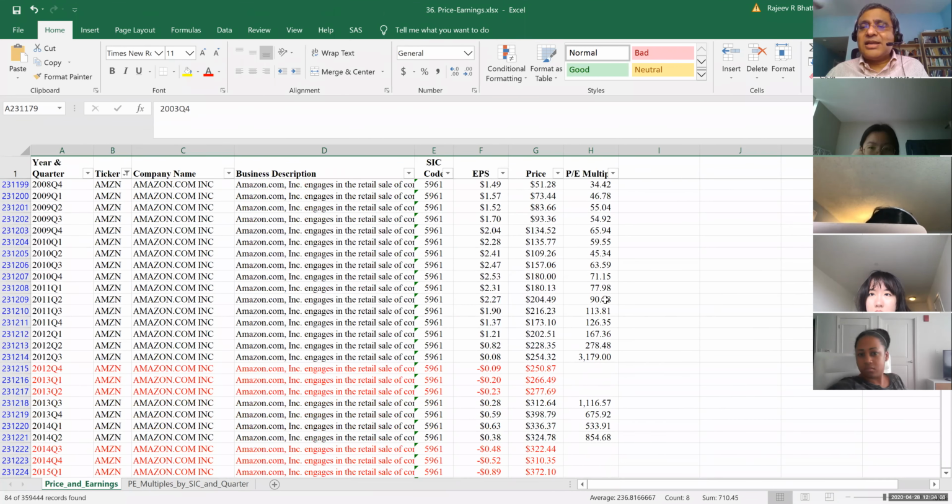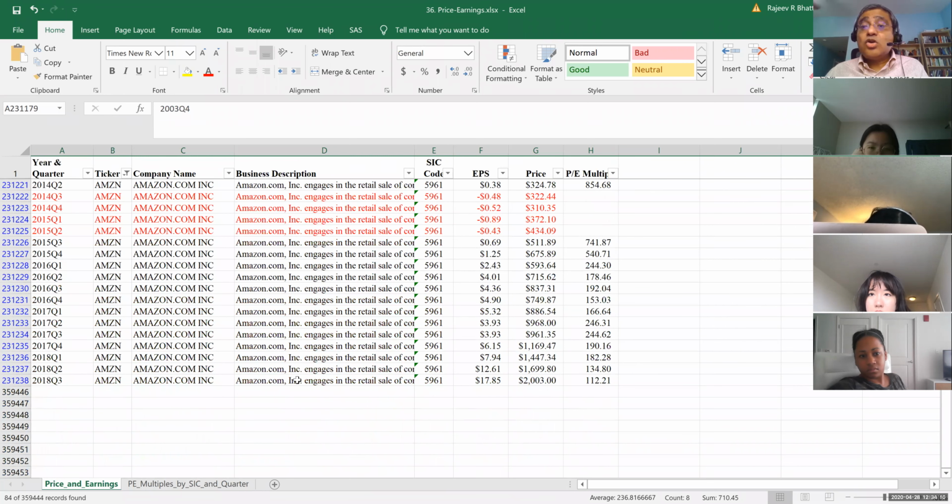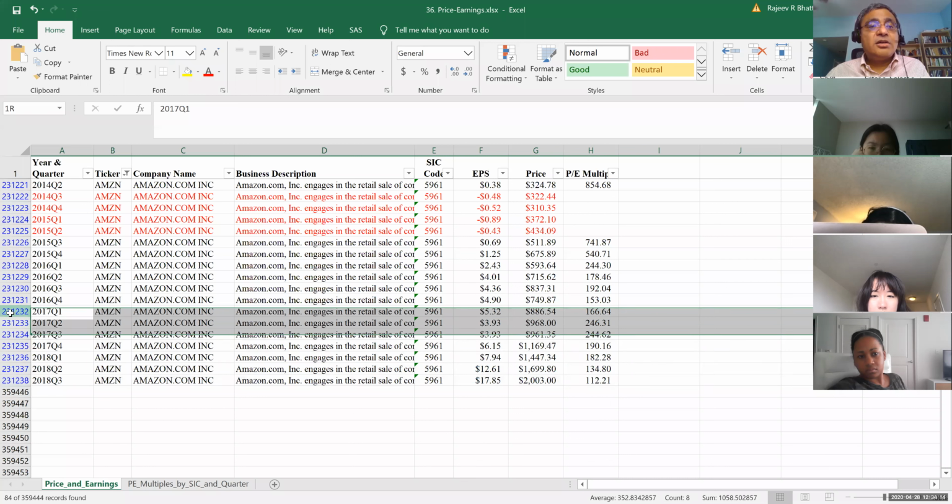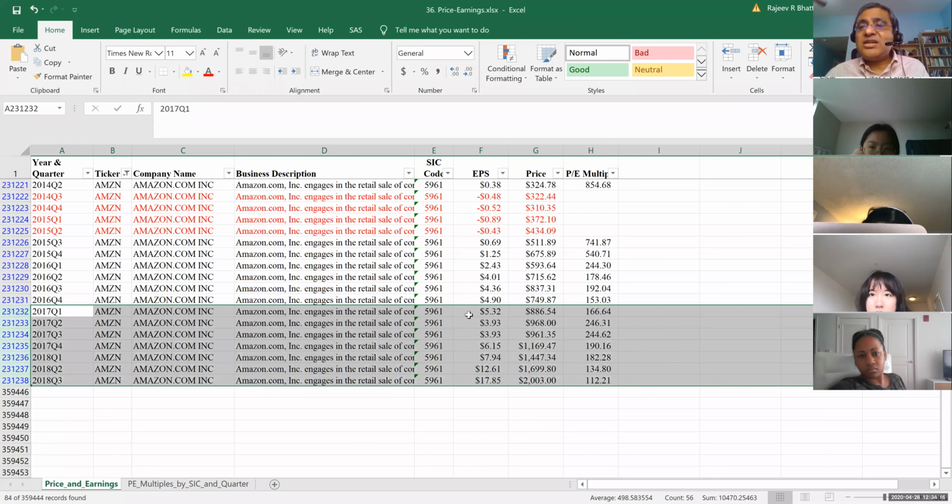But look at these numbers. Look at the numbers for an online trading giant. In 2017 and 2018, everything is in the hundreds, 150s, 200s. That's the price earnings ratio. That's what the market thinks Amazon is going to be growing.